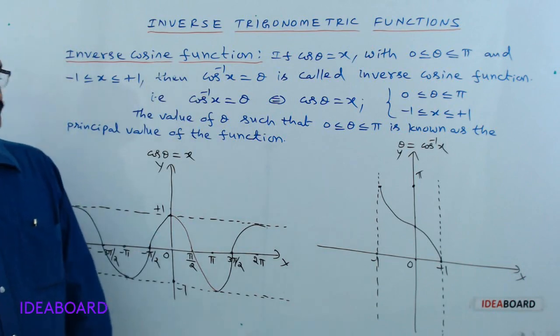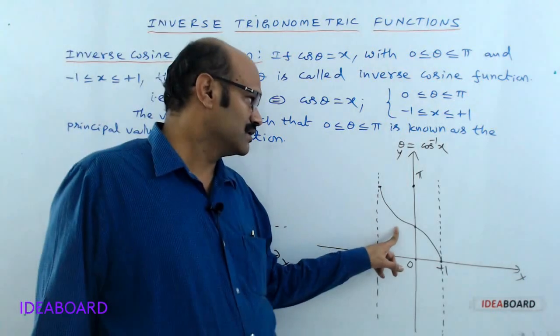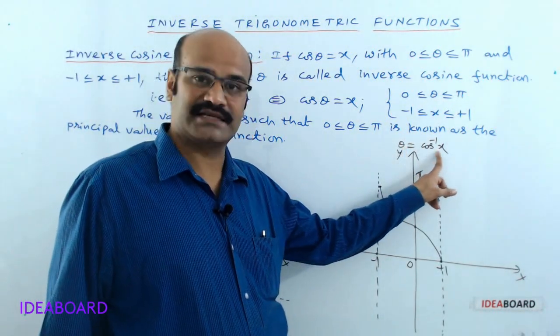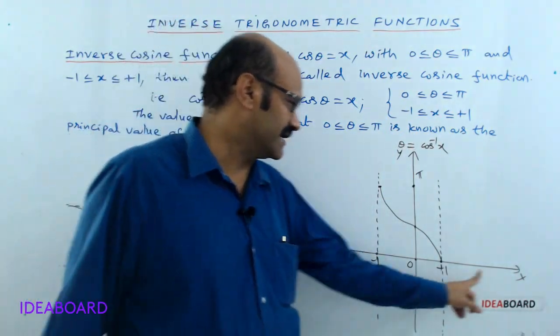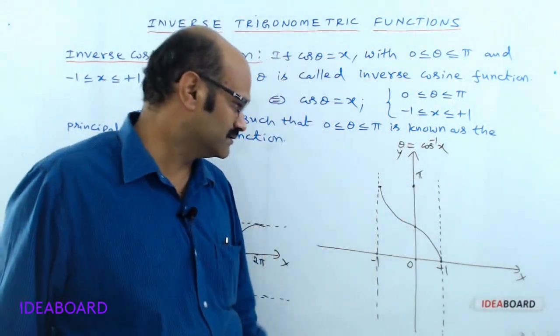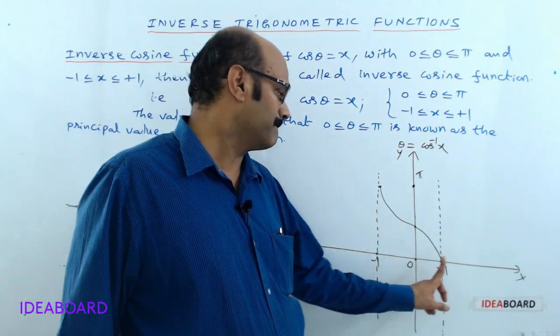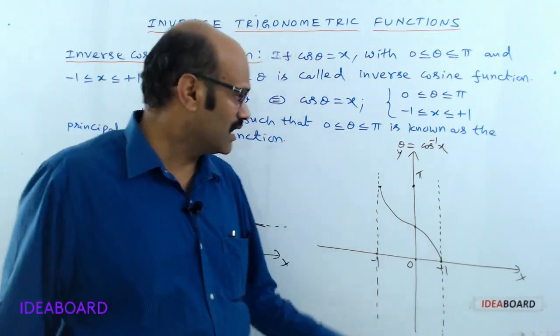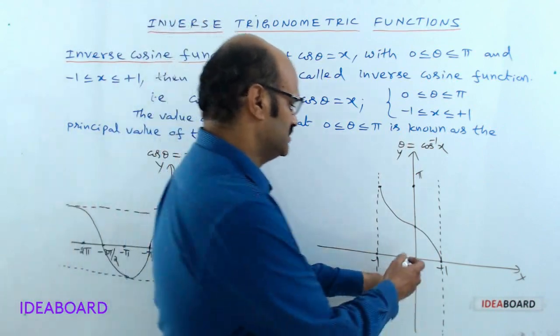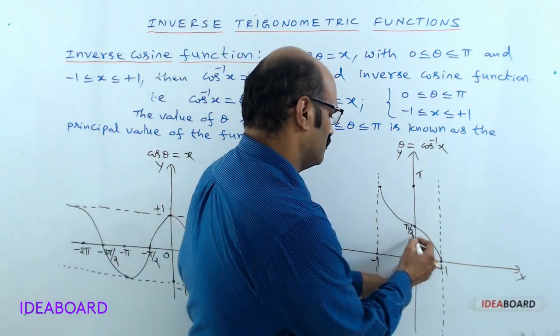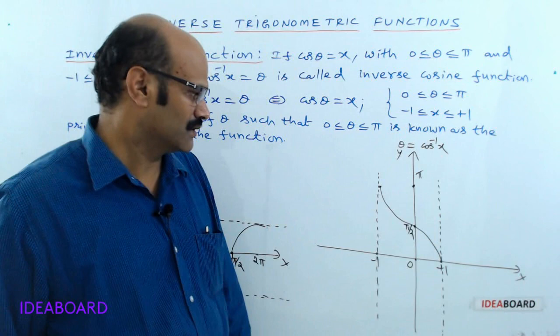inverse cosine function. Now here theta equal to cos inverse x graph, x axis, y axis. On x axis take minus 1, 0, plus 1, and take on y axis 0, pi by 2, pi.